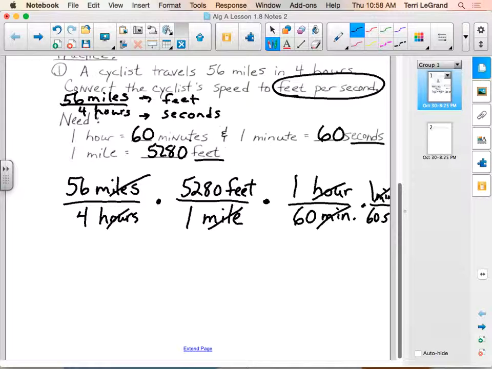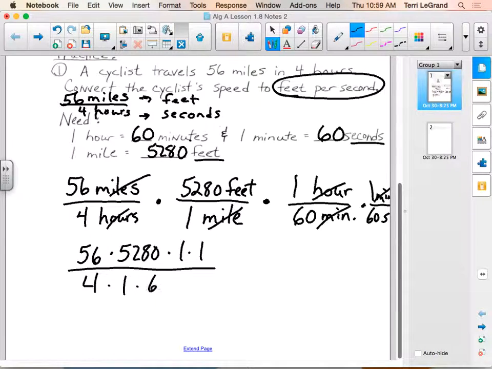Okay, so now that's what we're gonna do. We're gonna multiply 56 times 5,280 times 1 times 1, and we have 4 times 1 times 60 times 60 downstairs. That's how we multiply fractions. We multiply the numerators, we multiply the denominators.